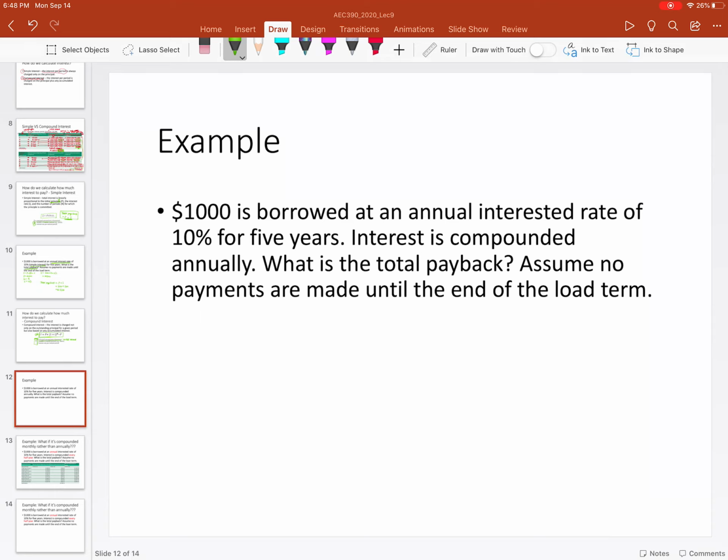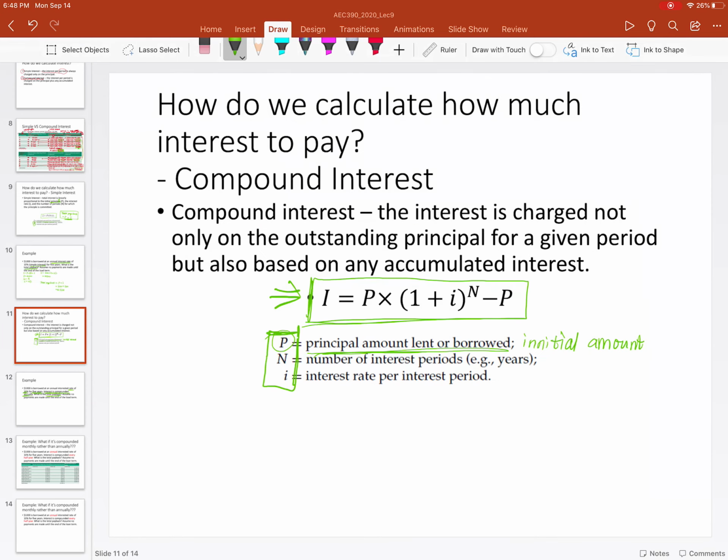So now let's apply that equation to the same example, okay? 1,000 is borrowed at an annual interest rate of 10% for 5 years. But now the interest is compounded annually, which means it's a compound interest rate and it's calculated every year, okay? So the question is, what is the total payback? Now let's copy this equation.